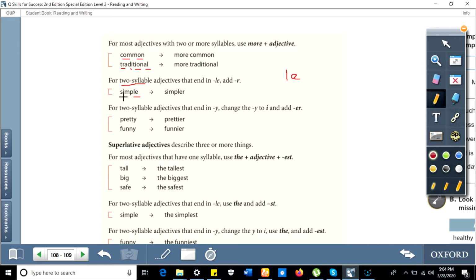So there are two syllables, and we add R, giving "simpler". For two-syllable adjectives that end in Y, we change the Y to -ier. So "pretty" becomes "prettier", and "funny" becomes "funnier".